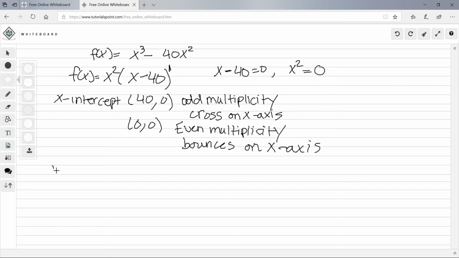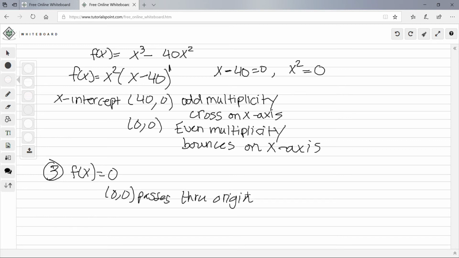Now the third step is to find the y-intercept, but we don't have a y-intercept because if you plug 0 into x, it's going to be 0. It just passes through the origin, right? So we don't really have a y-intercept.